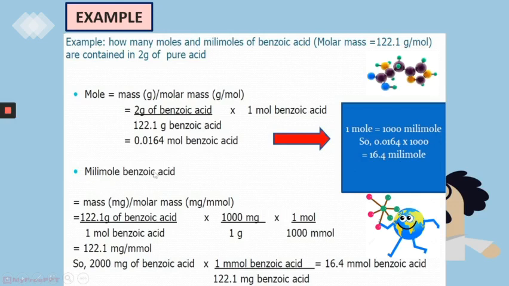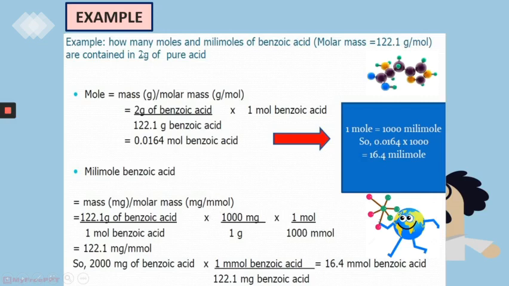You may also calculate the millimole of benzoic acid using this formula: millimole equal to mass over molar mass. The mass will be in unit milligram and the molar mass in unit milligram per millimole.